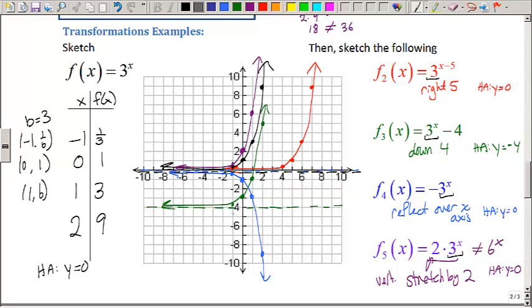On the green function, we changed down 4. So I want you to note the horizontal asymptote stays the same unless you have a vertical shift.